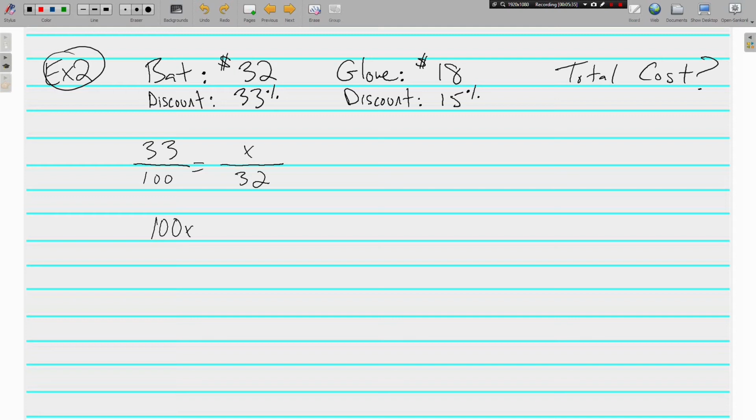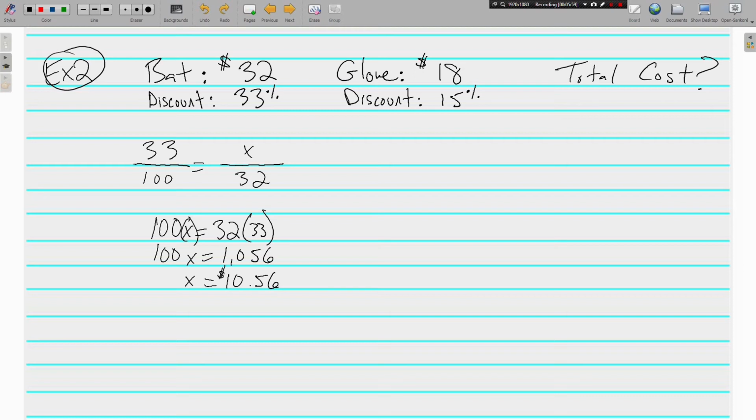100x is equal to 32 times 33, which is 1056. Divide both sides by 100 and we get $10.56. Remember though, this is the discount and we're looking for the total cost.